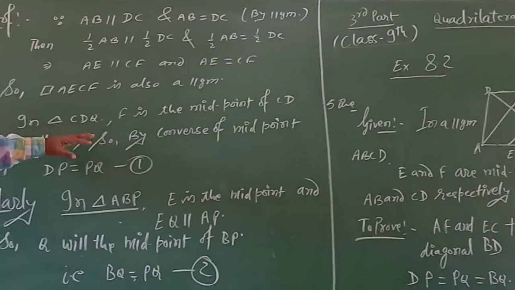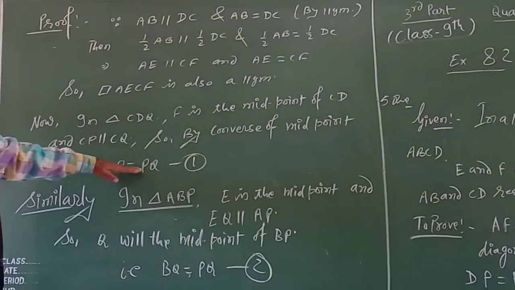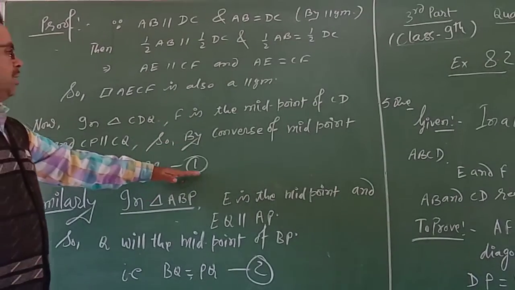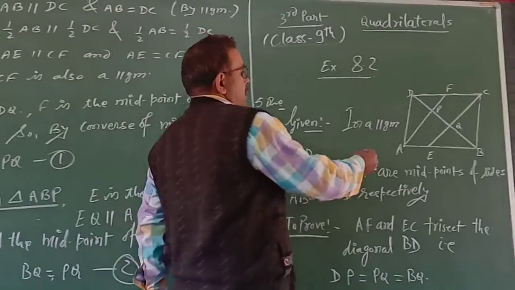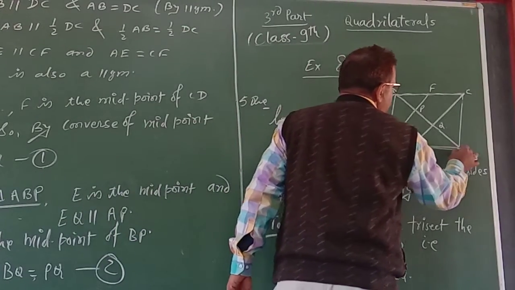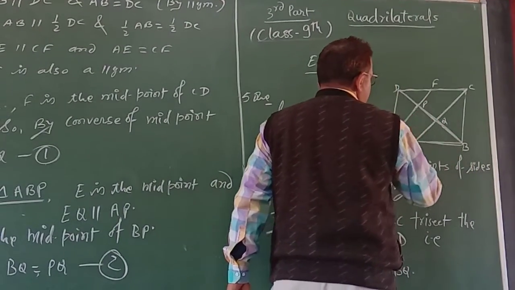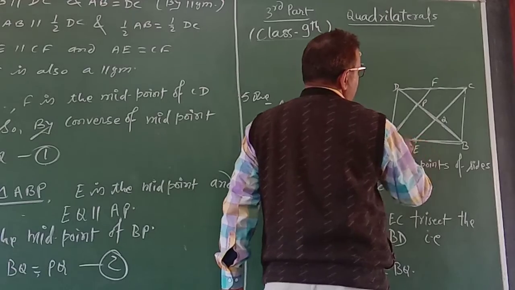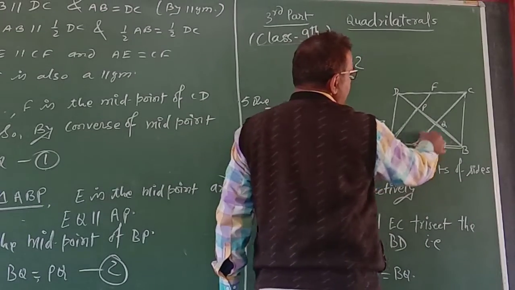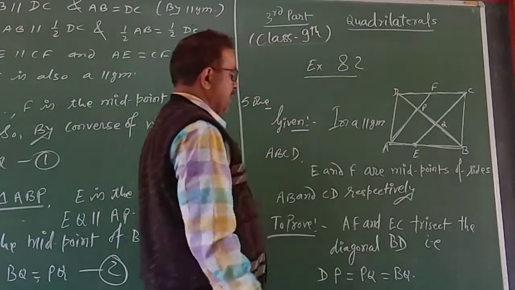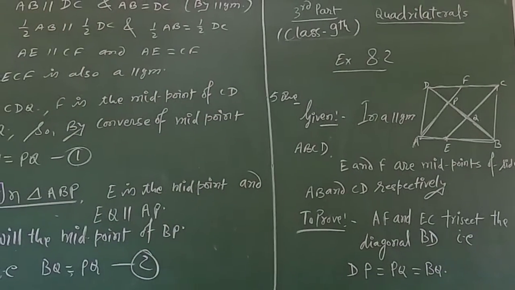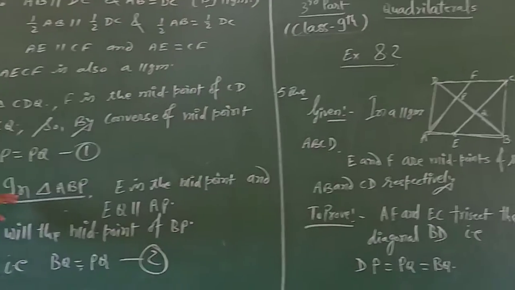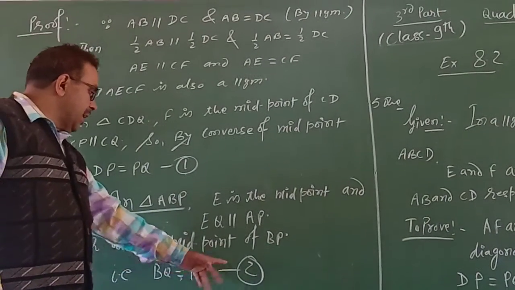So by the converse of midpoint theorem, we have DP equal to PQ is your first equation. Similarly, in triangle ABP, E is the midpoint of AB and EQ parallel AP. Then by converse of midpoint theorem, Q is the midpoint of BP, and hence it is your second equation.